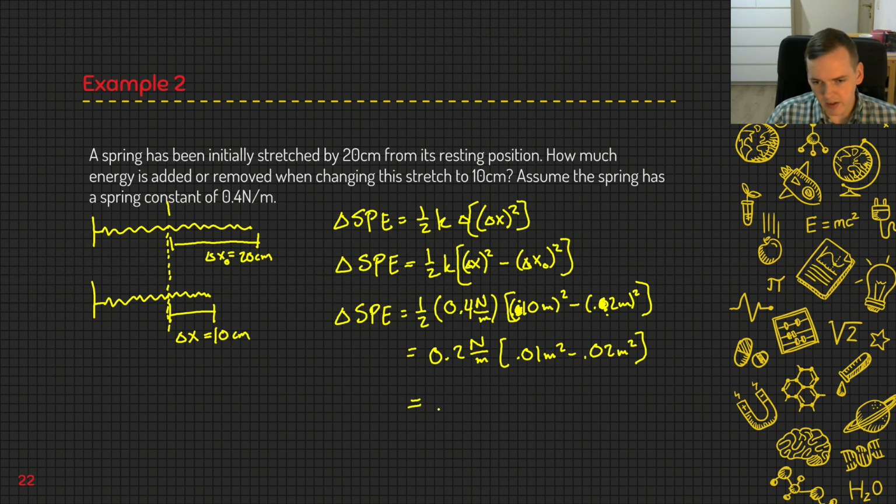Equals, this is going to be negative 0.01, so this will be negative 0.02 joules. And it's got a negative sign on there.